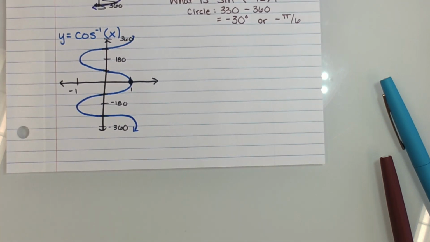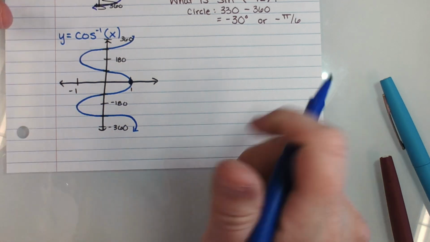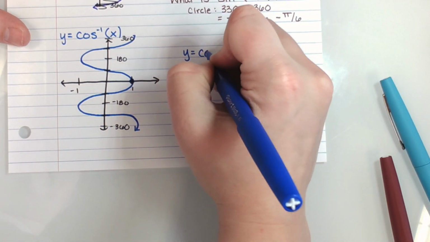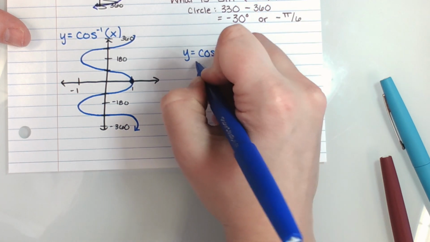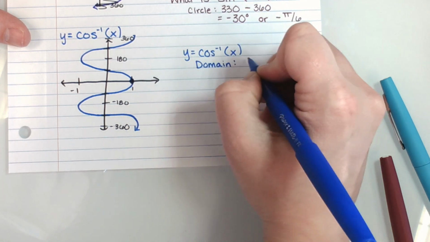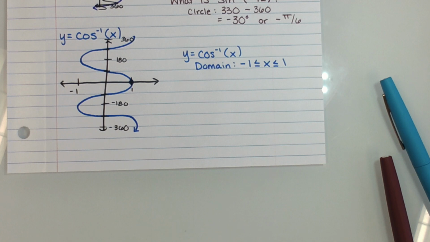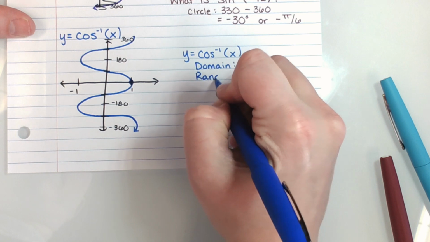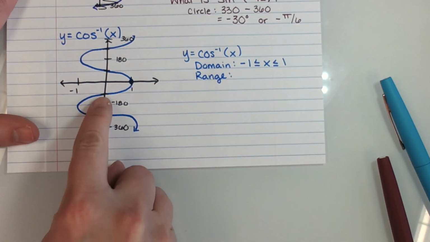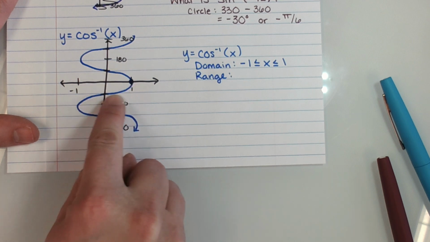I want to reach all values between -1 and 1 for my truncation, for where I'm going to cut this off, for where the experts chose to cut it off. Unlike with sine, when I'm dealing with cosine inverse, while my domain actually is the same, it's going to hit x values between -1 and 1. That's what I can plug in. The range is going to be different, because if I talked about from -90 to 90, the only x values I would hit would be between 0 and 1.